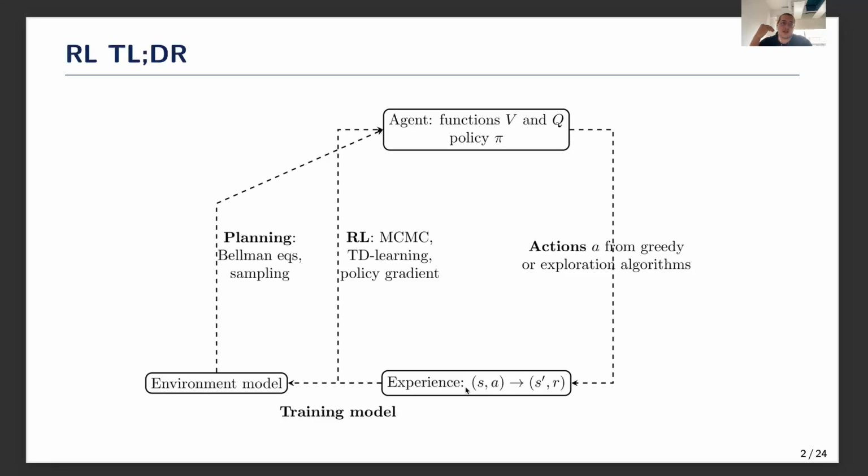Also, once the agent has learned some estimates or a policy, it needs to decide what action to take. There are two main strategies, greedy or exploratory algorithms. Greedy means we just pick the best known action. So the action would be argmax of our action value function Q. Or exploratory strategies include some randomness to discover better actions.